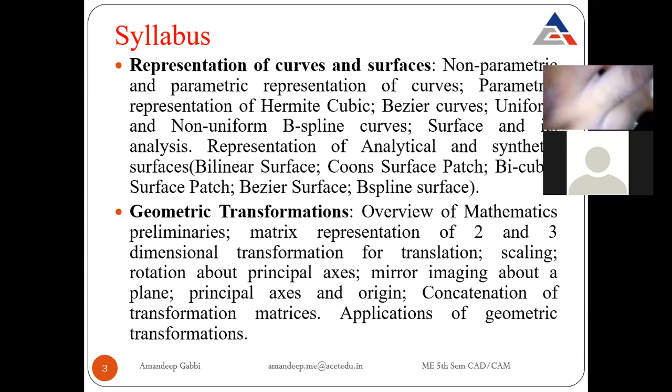Scaling is when you increase or decrease the size of the particular diagram that you have drawn. Mirror image, when you try to create a mirror image of something. Then concatenation of transformation. When you combine two or more than two transformations, it is called concatenation, transformation matrix. And ultimately, you have to study the application of geometric transformation.